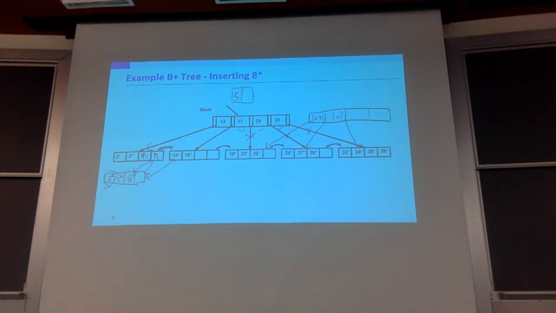So you do not change this link, but you put a 5 here and point this link to the new page. That's how you insert the new page. Then move everything back. That's the only thing left, which is actually 13. So you put the 13 here, then point this link to the third page here.